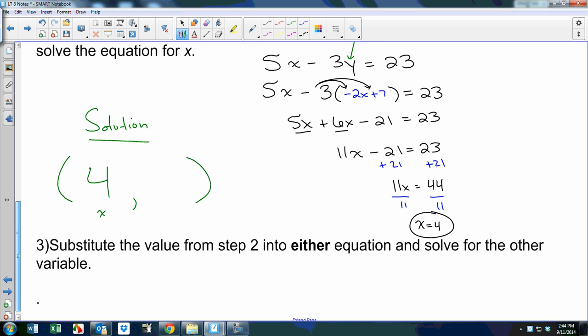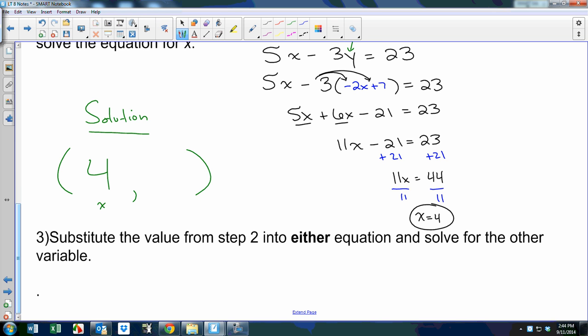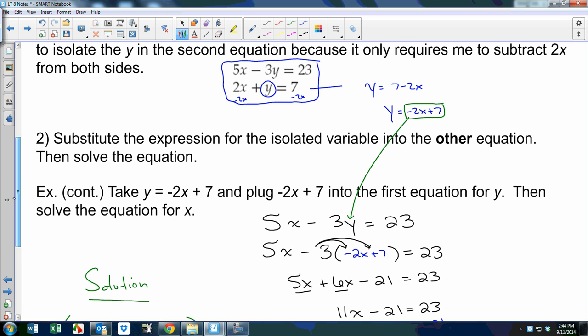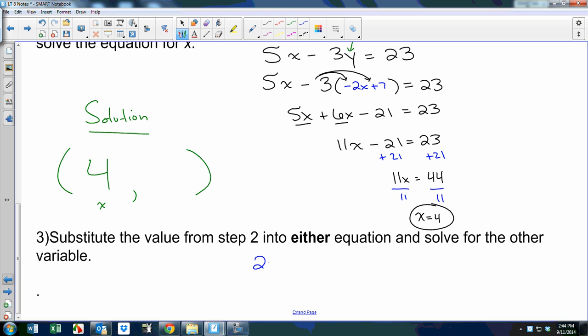So our final step, step 3, is to substitute the value, the x equals 4, that we got in step 2, into either of the original equations and solve for the y. So we'll just take, for example, the original equation said 2x plus y equals 7.